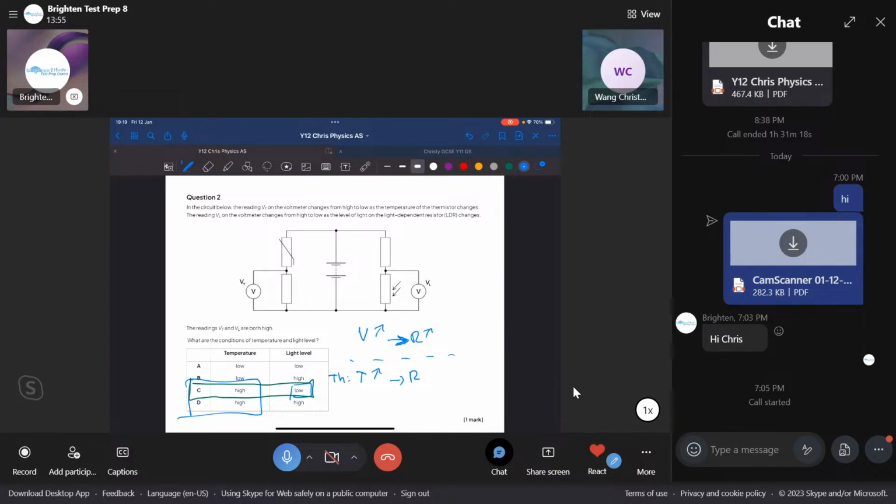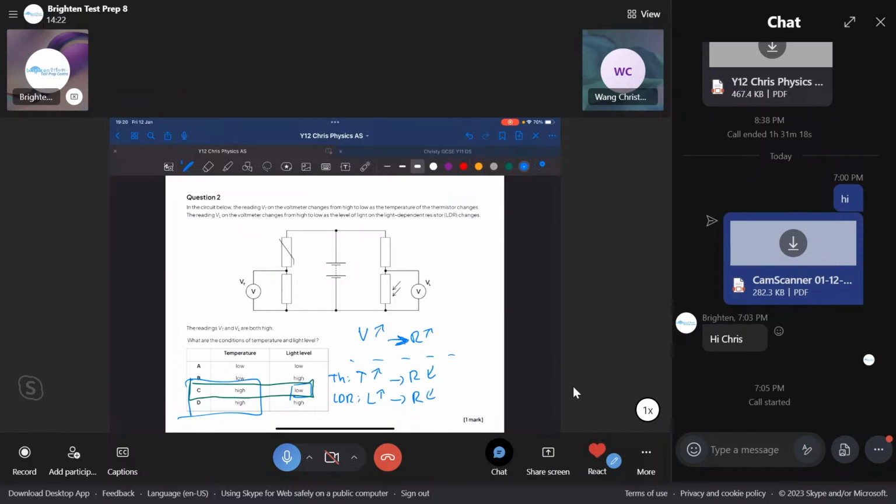Lower. Lower, exactly. And if we have the LDR, let's follow the same pattern. The light intensity goes up. Also lower resistance. Here, you see, the bottom line is comparatively easy, right?